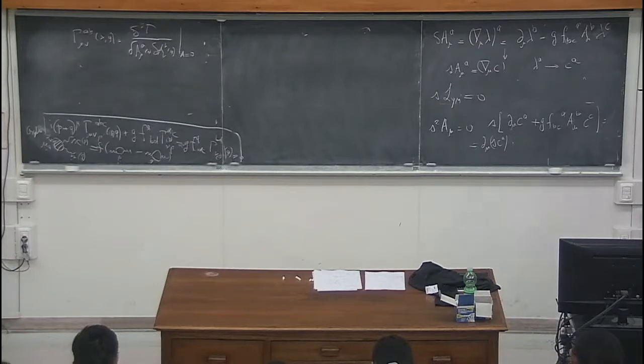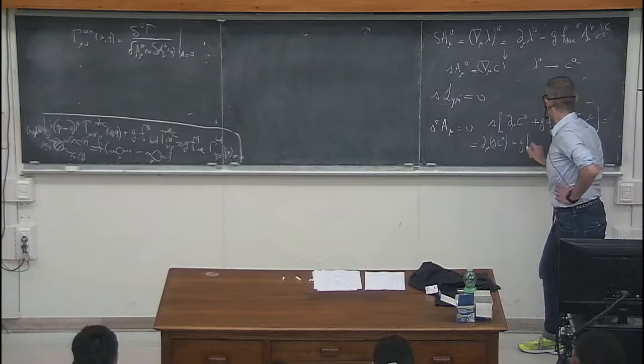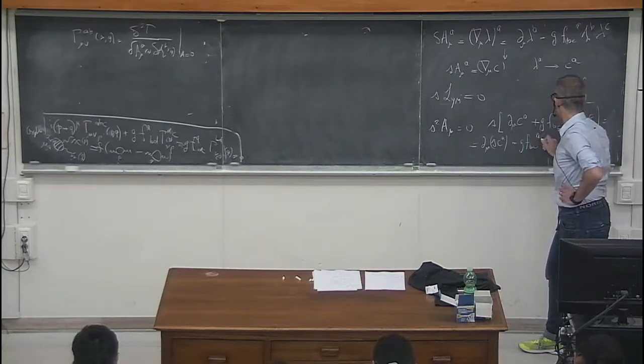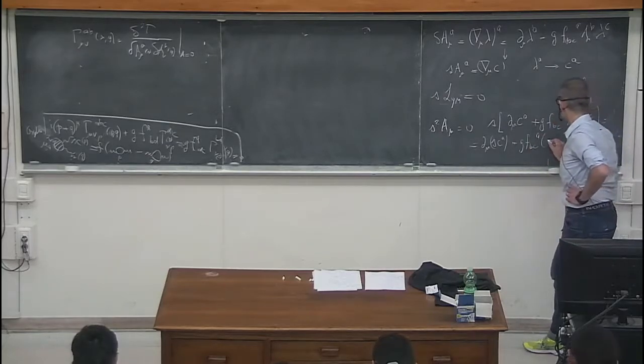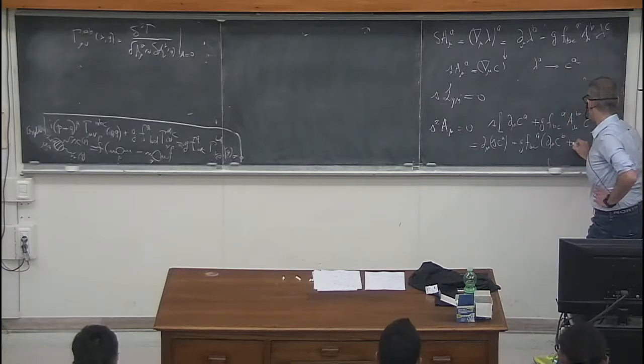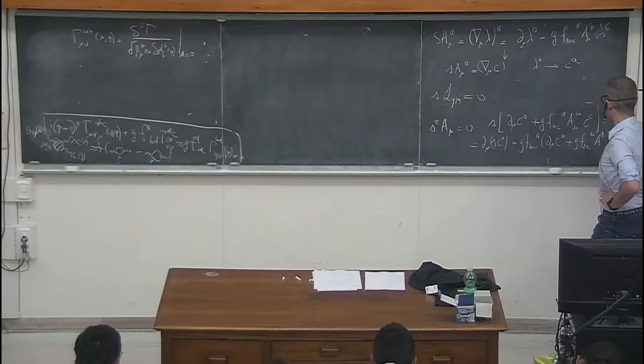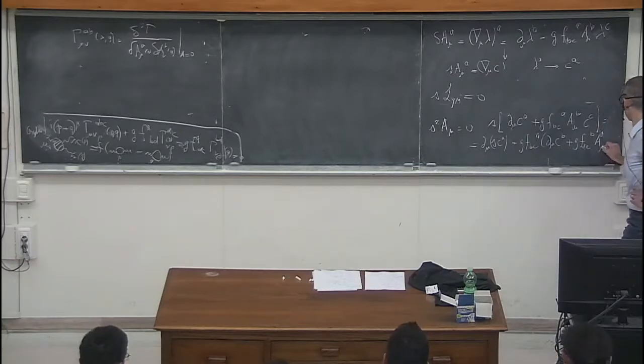But now here I have two pieces. One is S acting on A, so I get g f^{bca}. Then I have to take this one, which is D_mu of C^b plus g f^{deb} A^d C^e, in this way. Sorry, I'm at the end of the blackboard, but I hope you can read it.